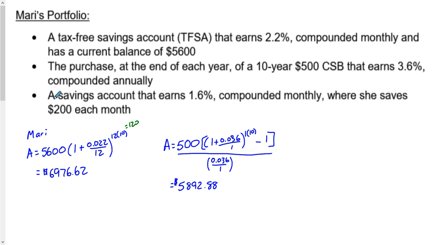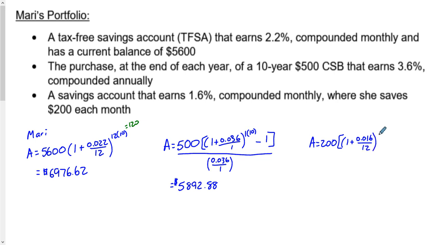The final savings account that she earns 1.6% compounded monthly, where she saves $200 each month. Same formula, just different dollar amount and different interest rate.